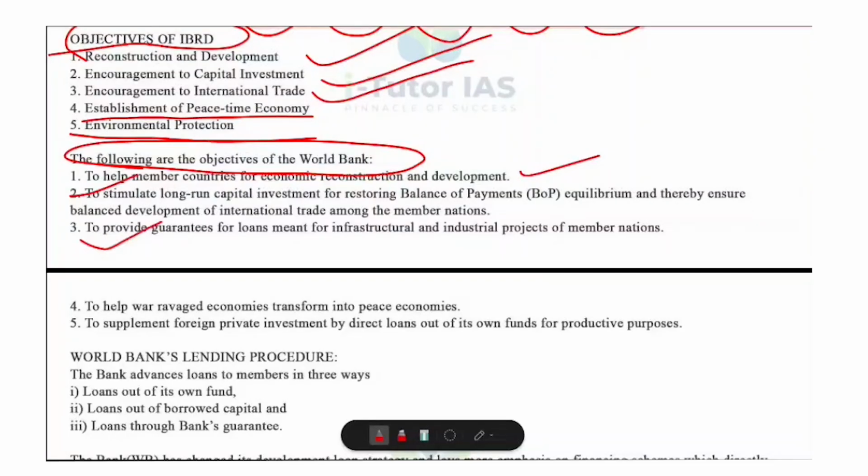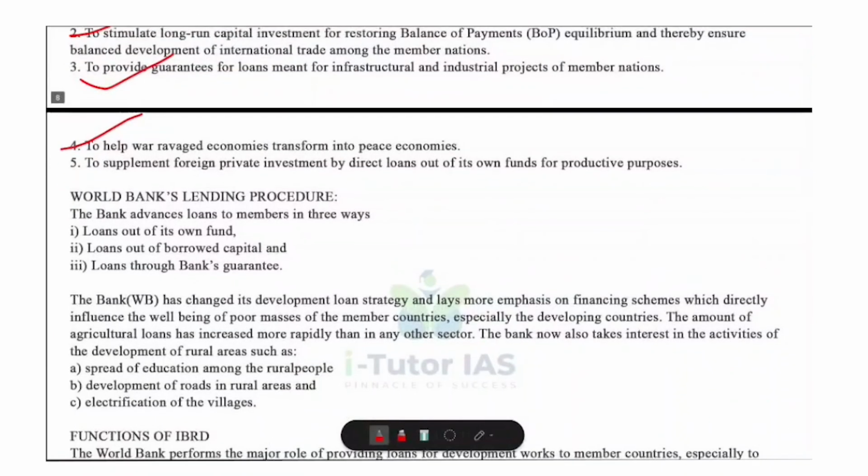Then it provides guarantees for loans. The World Bank can guarantee loans taken by member countries for big projects like power plants, highways, or factories. This reduces the risk for investors and encourages more funding for development. And the fourth one, transform war ravaged economies. Countries recovering from wars face destroyed infrastructure and shattered economies.